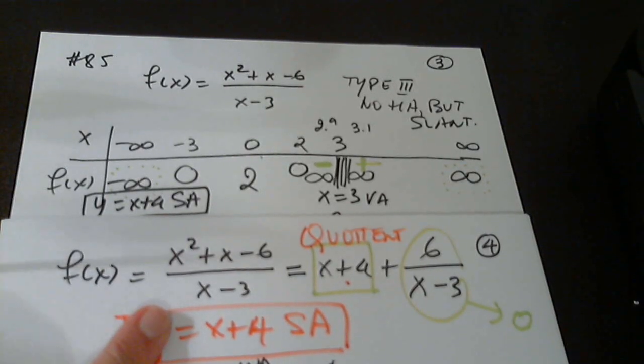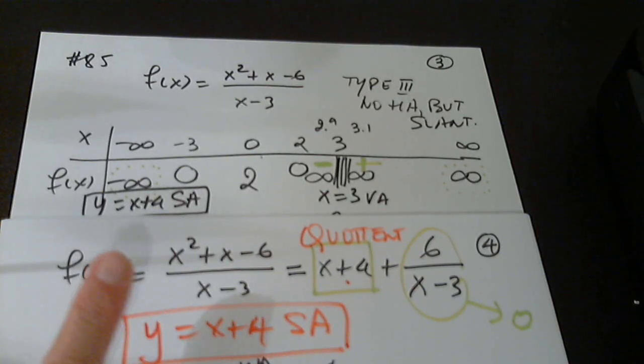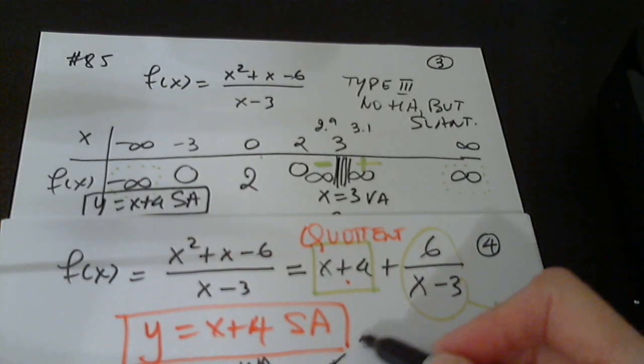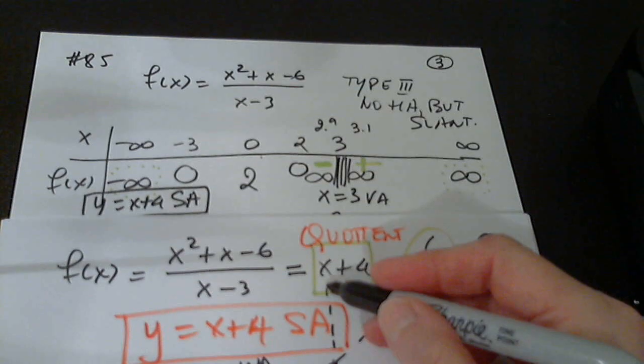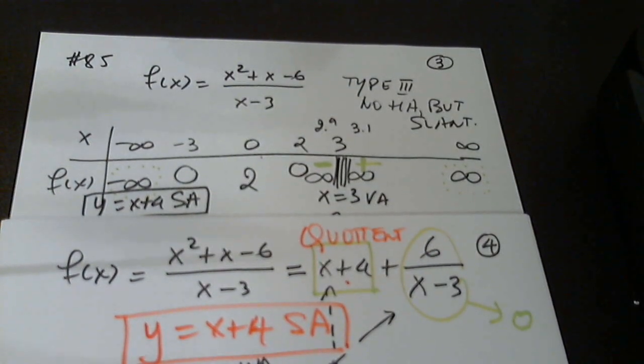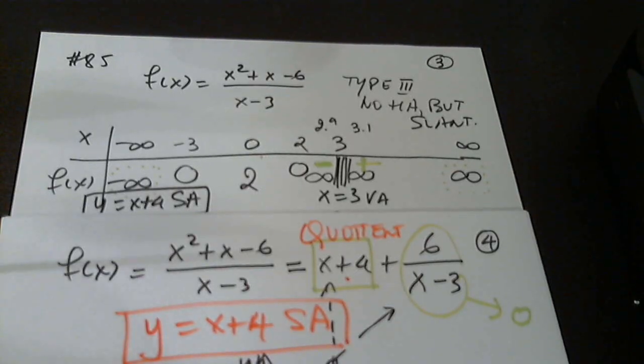Now when y is 0, how much is x? When y is 0, x is negative 4. Okay. Y equals x plus 4. Now we read the table.